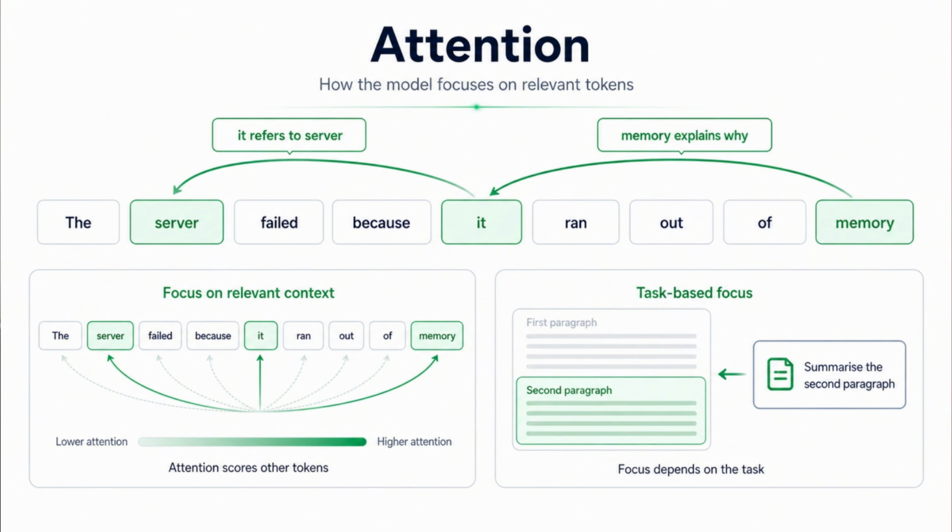Another simple example is this prompt. Summarize the second paragraph and ignore the first paragraph. So in this case, the model should give more importance to the second paragraph and reduce the importance of the first one. Now, attention helps the model focus on the right part of the input based on the task.